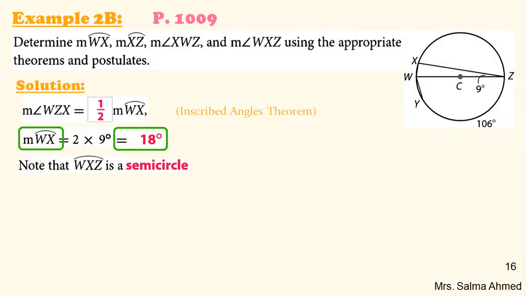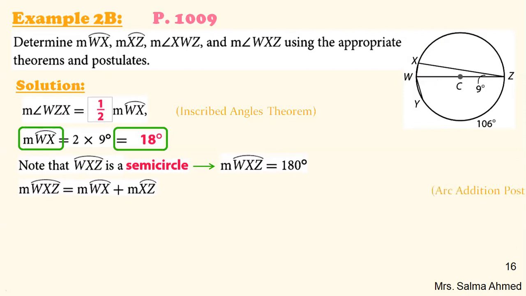Now, arc WXZ is a semicircle, so the measure of arc WXZ is 180. Because it is a semicircle, the arc equals 180. Now we can use the arc addition postulate by using the measure of arc WXZ.